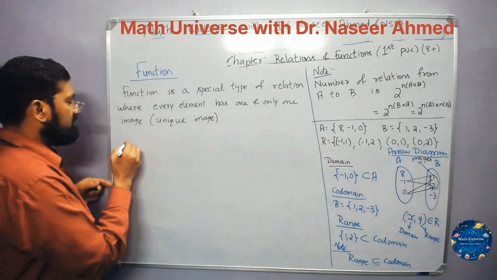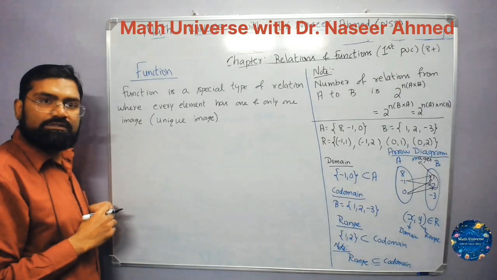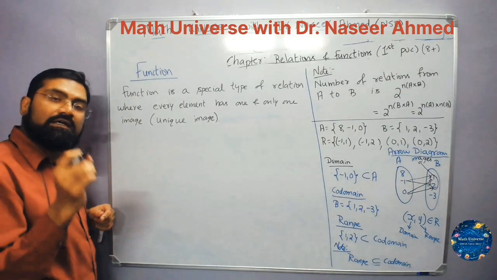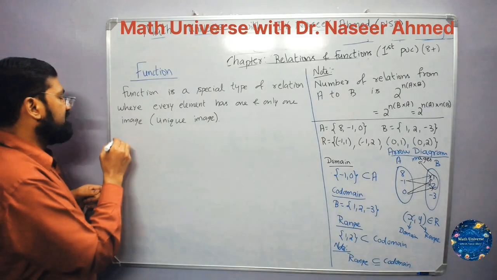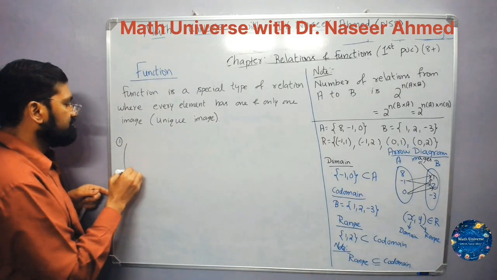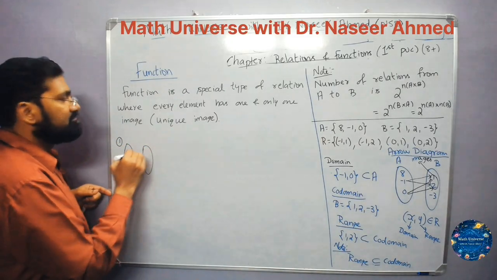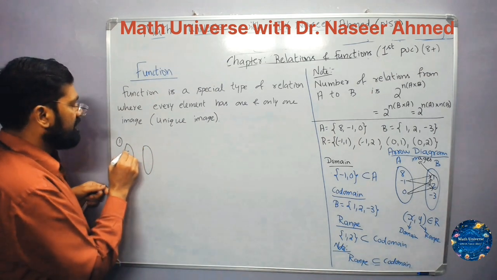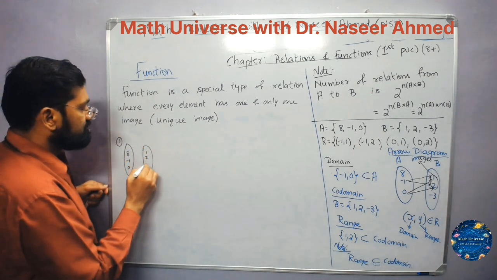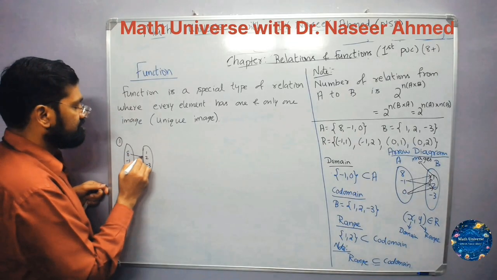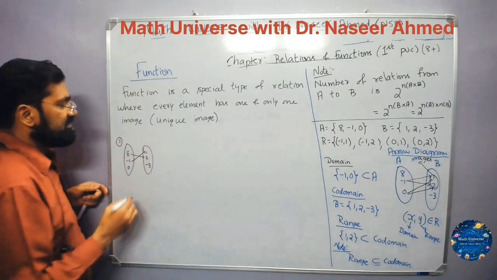If I take 3 arrow diagrams, see carefully, and you have to judge whether each is obeying this condition or not. Okay, first example. I'll take the same elements to have better clarity. This is the first example.